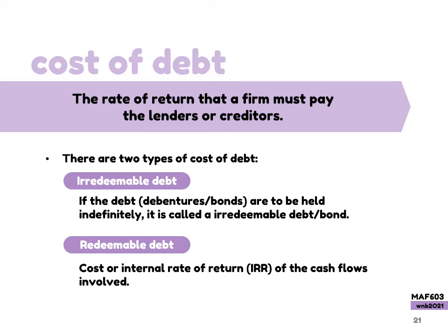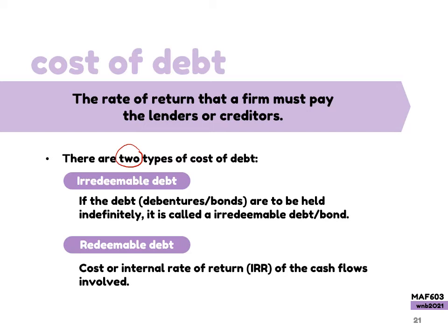And here we have two types of cost of debt. First one, irredeemable debt. If the debt, it can be in terms of debentures or bonds, is to be held indefinitely, it is called irredeemable debt. Tak ada satu tempoh masa yang bila hutang tu perlu dibayar. That one, we categorize it as irredeemable debt.